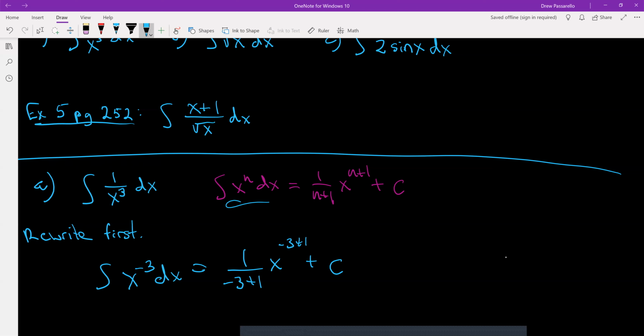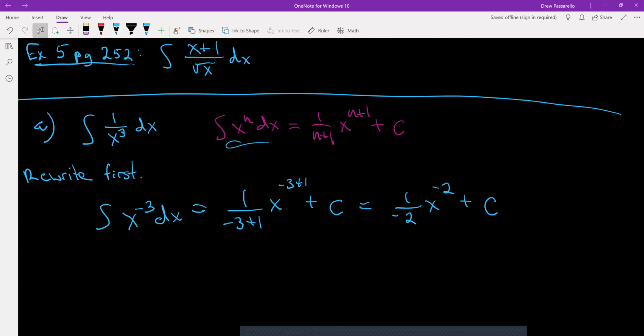So what is that going to give? Negative 3 plus 1 is negative 2, so this will be equal to 1 over negative 2, and then x to the negative 3 plus 1, x to the negative 2, plus c. Usually we don't want our answer to have negative exponents, so I'd bring the x into the denominator.